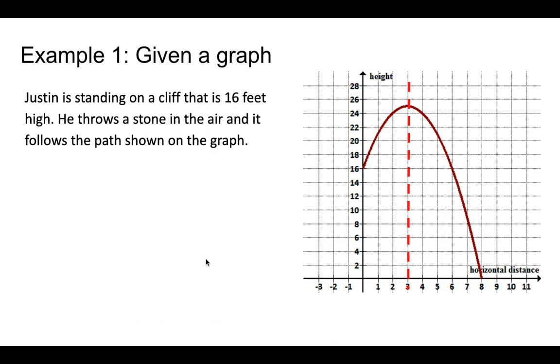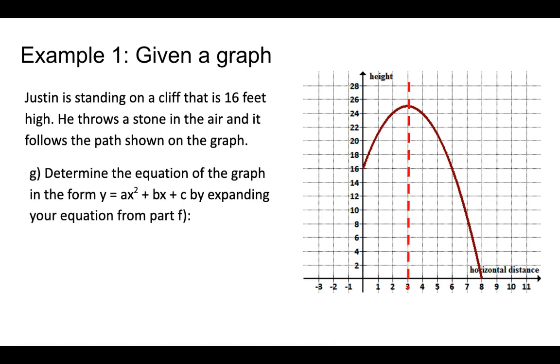The next question is, can we determine the equation in standard form? You might remember we can go from factored form to standard form by expanding, so by multiplying. We have this equation, and we're going to multiply these through to get it into this form. You can do it in any order, but I'm going to multiply the two binomials first.